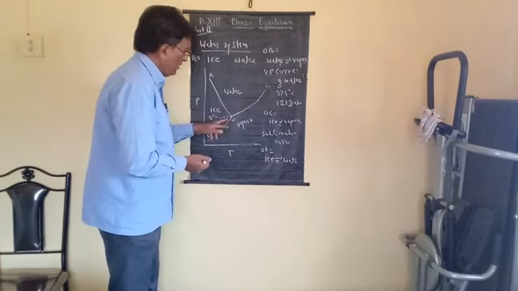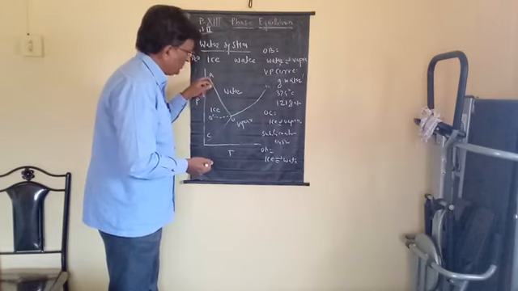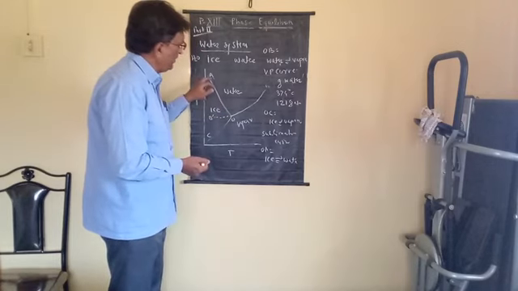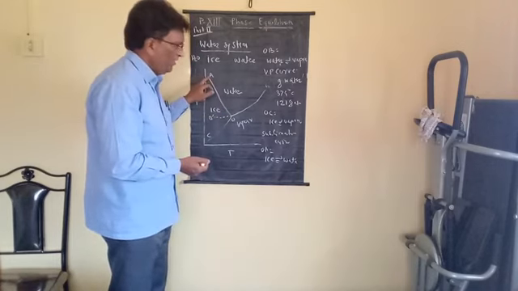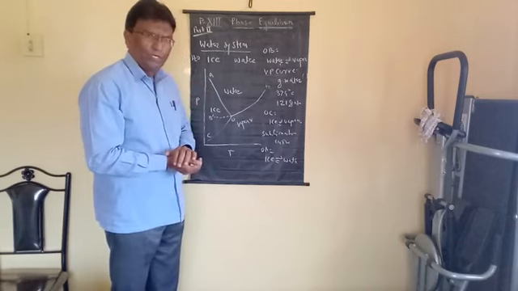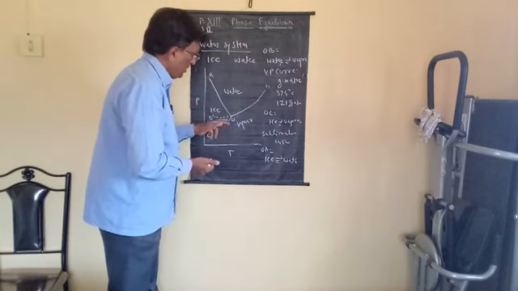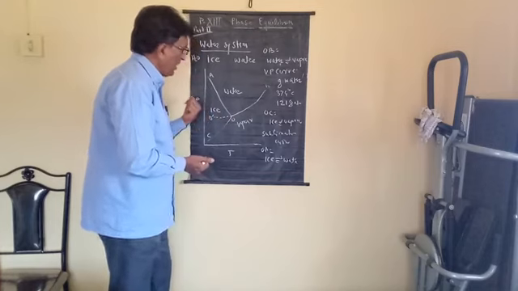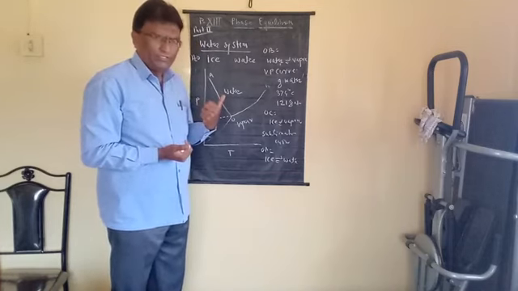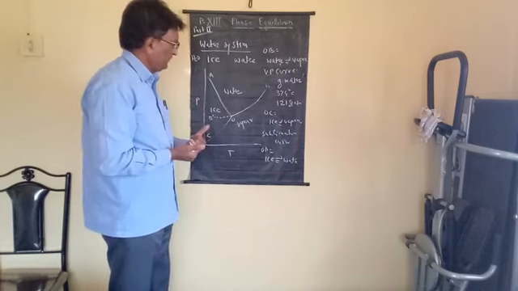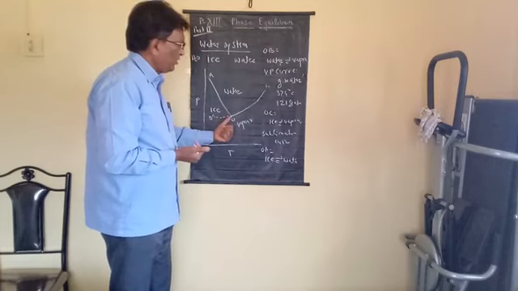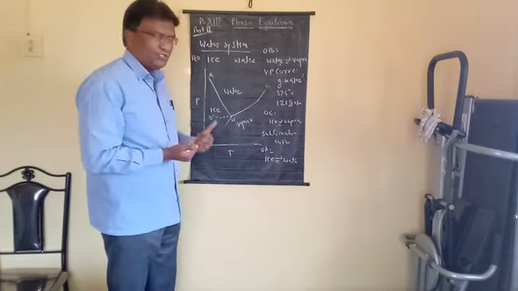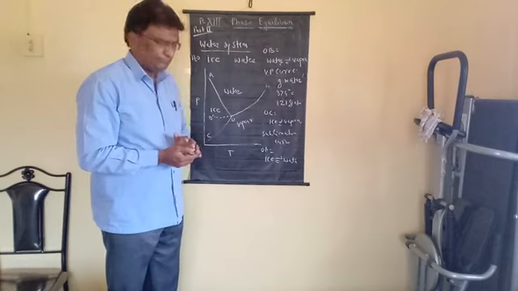Therefore, there are various melting points of ice at varying pressures. As we see, this curve OA is inclined towards the pressure axis. It indicates that the melting point of ice decreases as pressure increases.